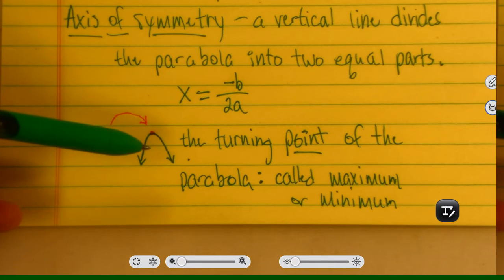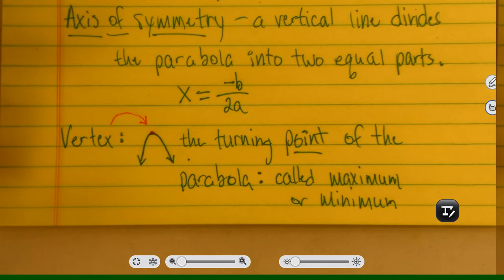It doesn't get any higher. It doesn't get any bigger. But if the parabola was turned the other direction and it was upward, then it would be a minimum because it goes down to a low point and it doesn't go any lower than that. So based on the shape of the parabola, it tells us whether it's a maximum or minimum.